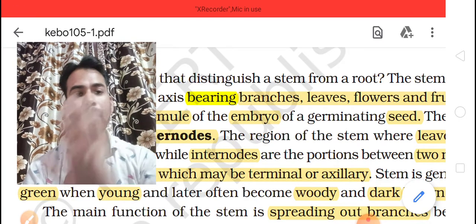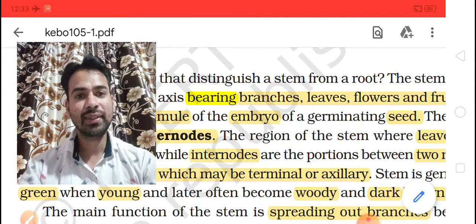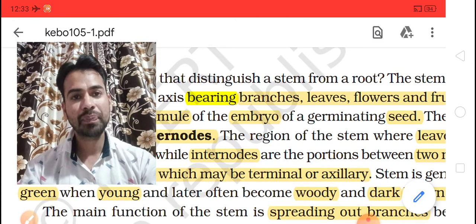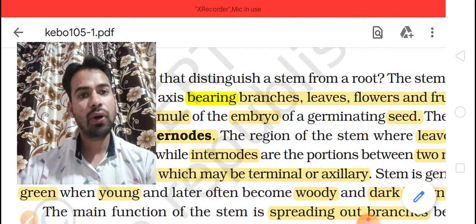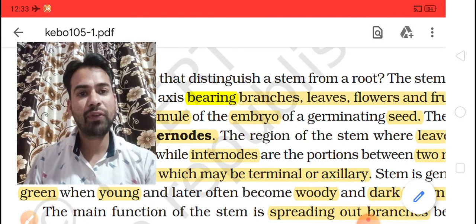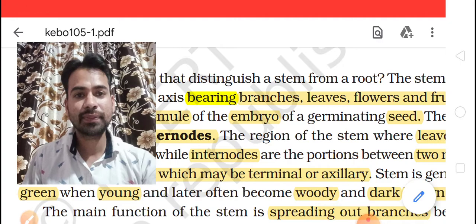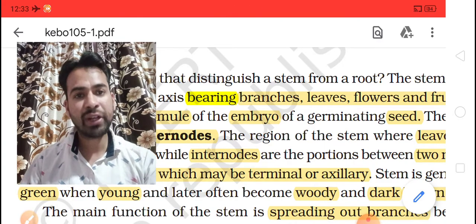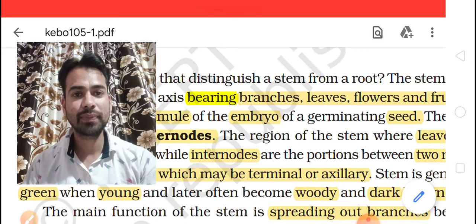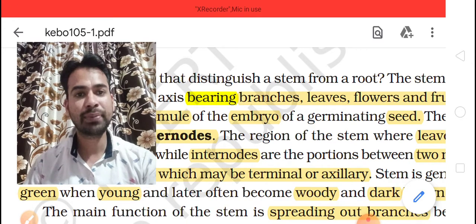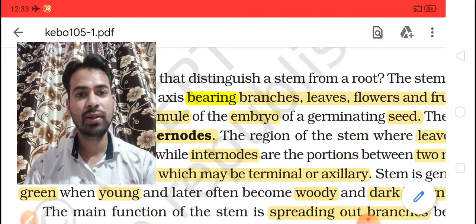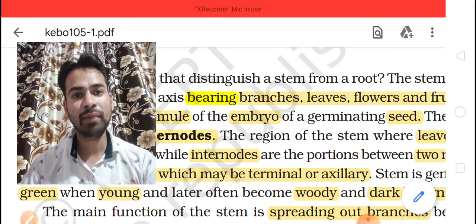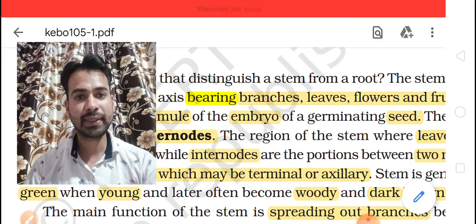From the region of the plumule, the stem originates and performs various tasks. For example, it provides strength to the plant, and helps in transportation of food and water because xylem and phloem tissues are present in the stem.